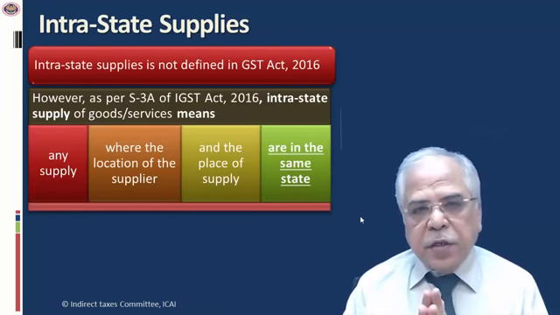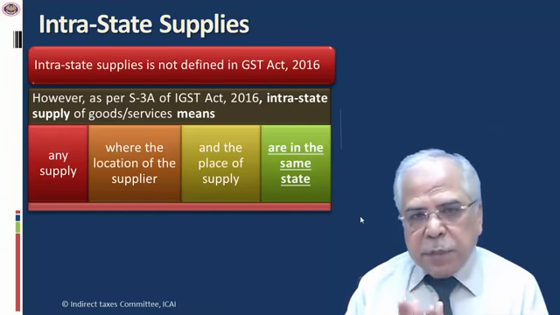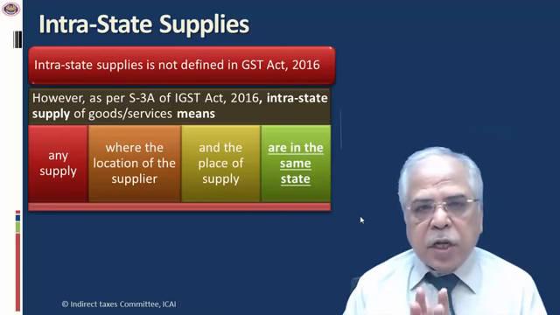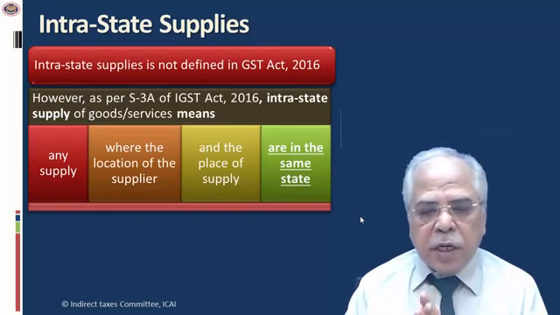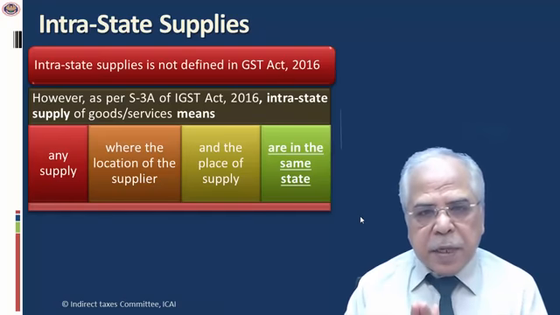If you read this definition, you will appreciate that the location of the recipient of supply is not important. What is really important is the location of the supplier and the place of supply. And for the place of supply, there are separate rules.